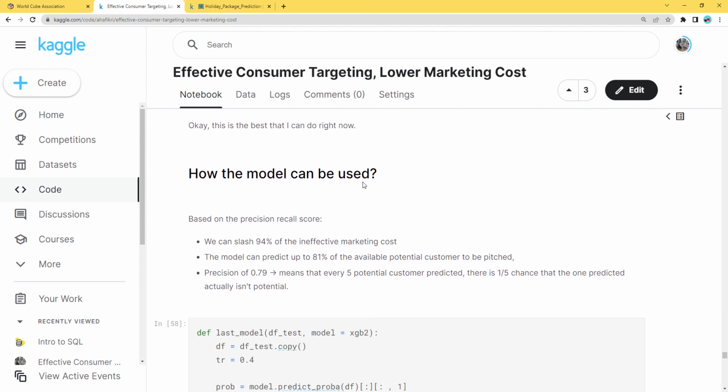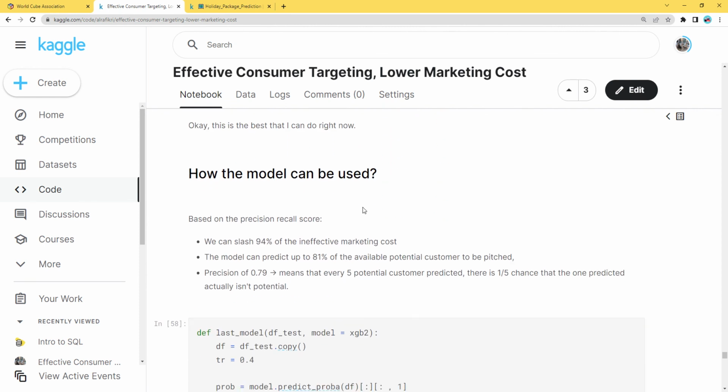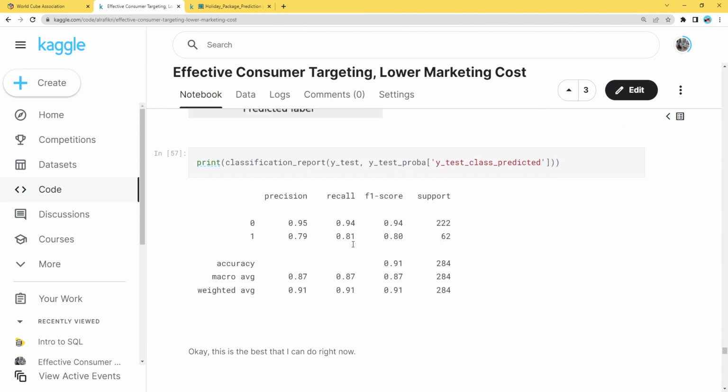And how can we actually use it? The recall is actually 94%, so we can slash 94% of the ineffective marketing costs, right? So we don't pitch these negative predicted people, and it can predict up to 80% of the available potential customers.